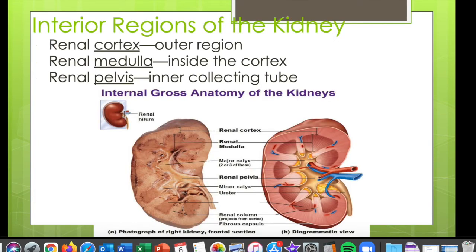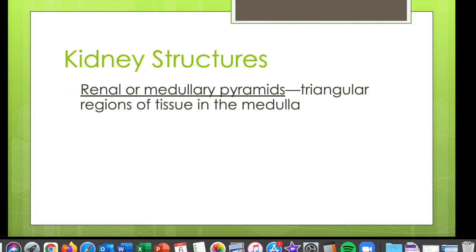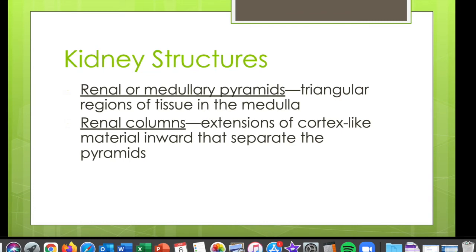Let me go back real quick. So you can see that these are kind of triangular in shape, the renal medulla. Little hard to distinguish the triangular shape here, but it is. Those are referred to as the renal or medullary pyramids. Those are just triangular regions of tissue in the renal medulla. The renal columns are going to be separating the pyramids.